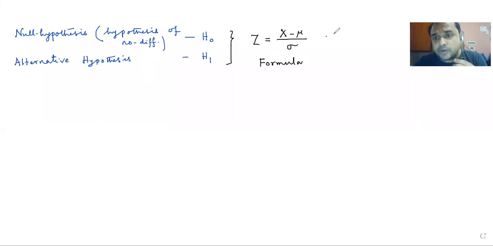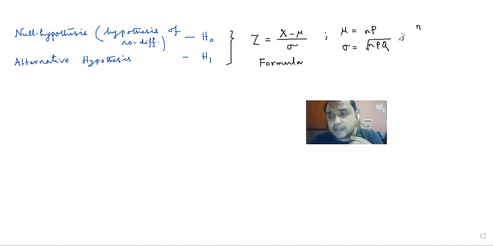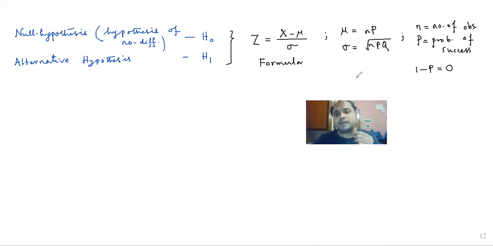In this formula, we set the mean to be n into p, and we set sigma to be root over npq, where n is the number of observations of the system and p is the probability of success. So the formula connects the binomial situation to the normal. It is called the binomial approximation to the normal, where q is equal to 1 minus p.